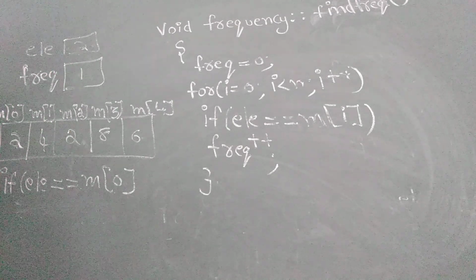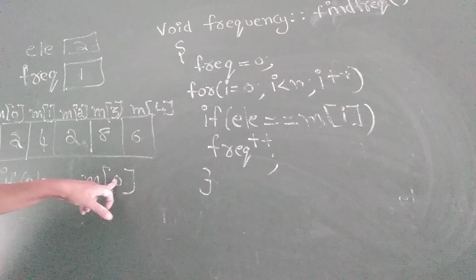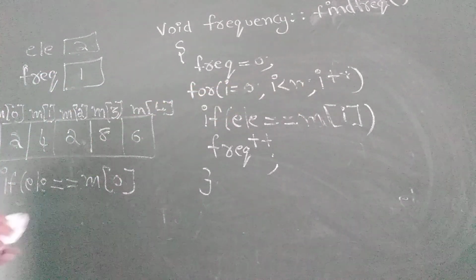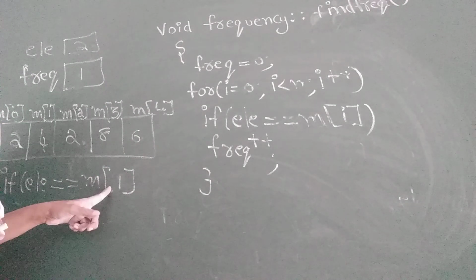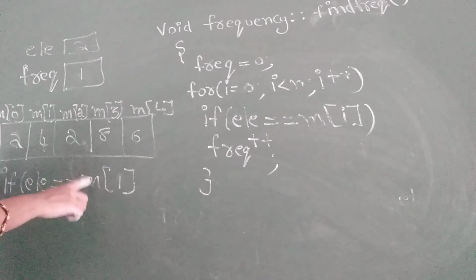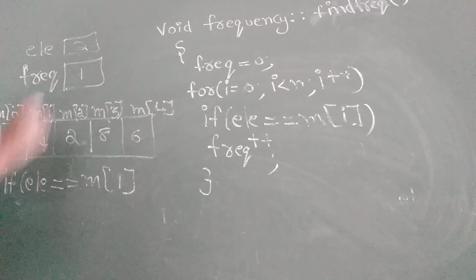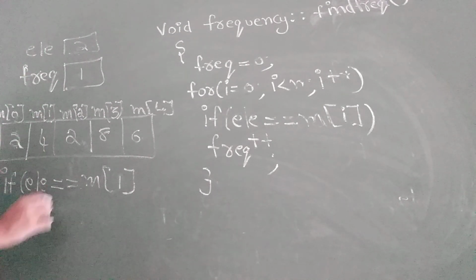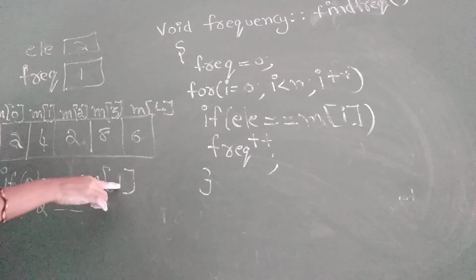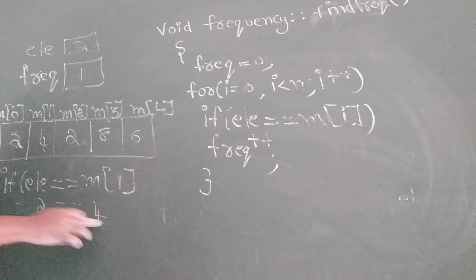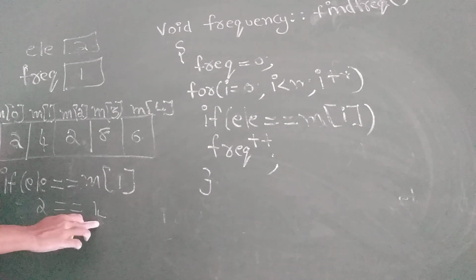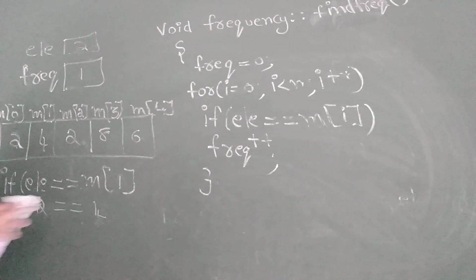Okay. Now, before we took m of 0, no? Plus plus means it becomes m of 1. So ele, which is 2, is compared with m of 1. M of 1 is 4. There is no matching, so frequency will be the same.